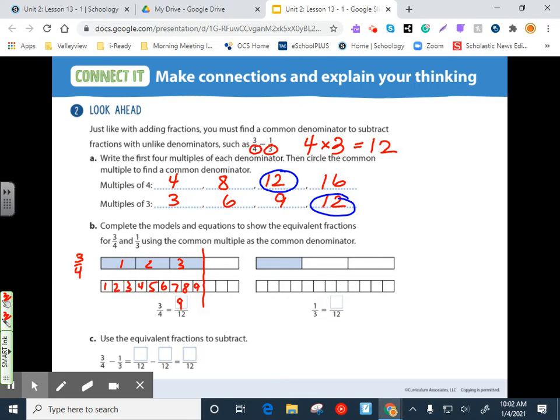So 3/4 is the same as 9/12. We have 1 over here because that's 1/3. And we want to stop right at this point. So we have 1, 2, 3, and 4. 4/12. So then we pop these down here. 9/12 minus 4/12 is 5/12. And that's a common way you'll be doing it on your homework for today.